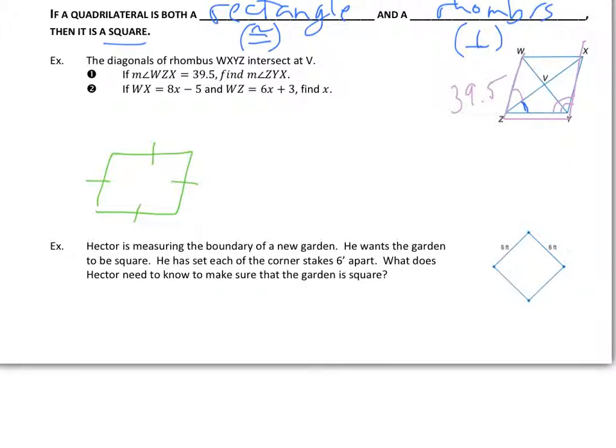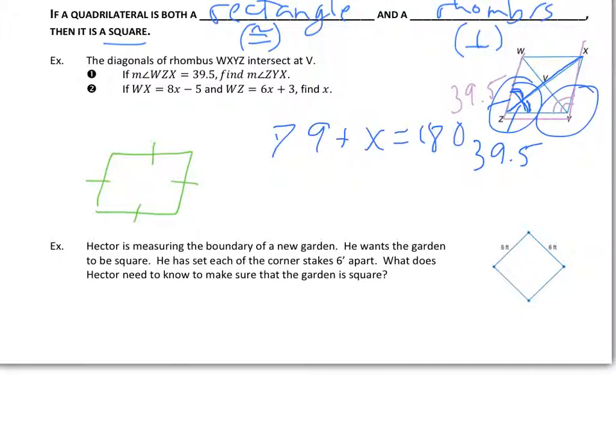But since it's a rhombus, we know that the diagonal bisects it, so these two angles are actually congruent. So while that one's 39.5, that one's also 39.5, and if we add that together, we get 79. Now that angle plus that angle equals 180.